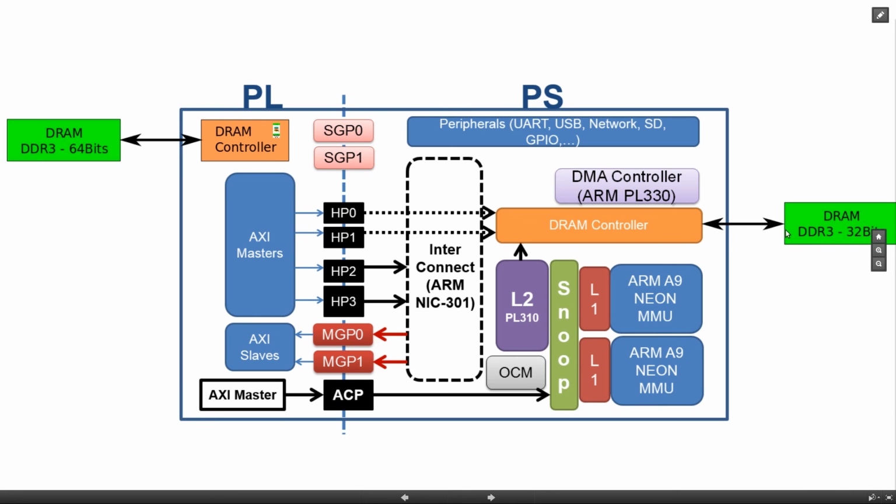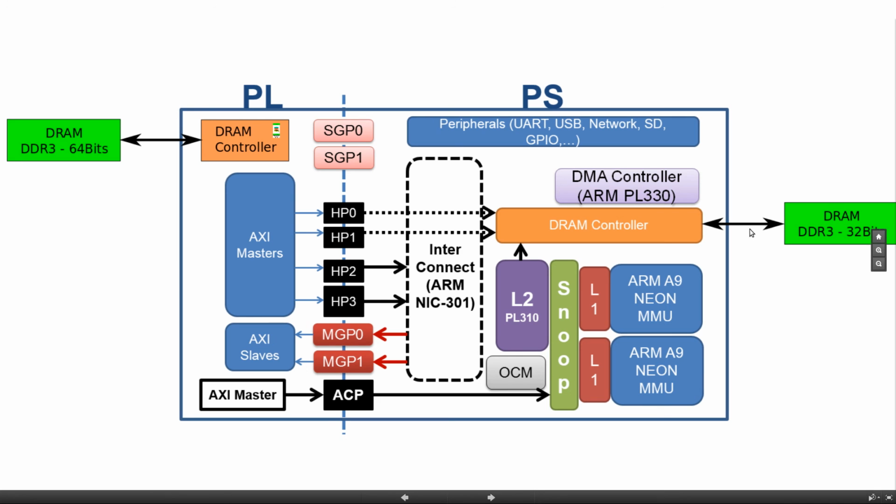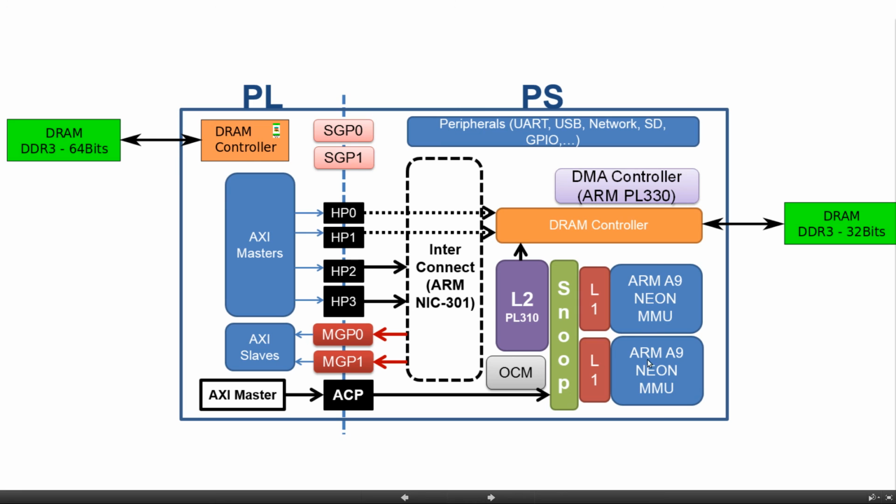So you have a theoretical total bandwidth of 4.2 gigabytes per second using this DRAM connection here. And practically what is happening is that this DRAM is being shared by the ARM host that you have here, and also the rest of the components and the rest of the logic accelerators that you have on the ZYNQ PL.